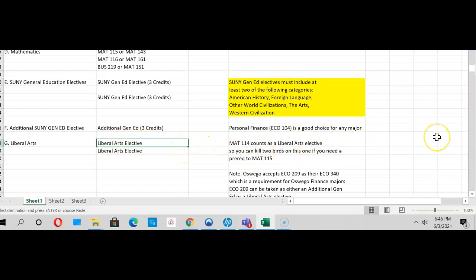So if you have to take Math 114, that's not just a wasted class. You're getting the count in here. Now, if you're not ready for Math 114, it's been a long time since you took Math 088, that's where you start. Then you go into 114, and then you go into 115.